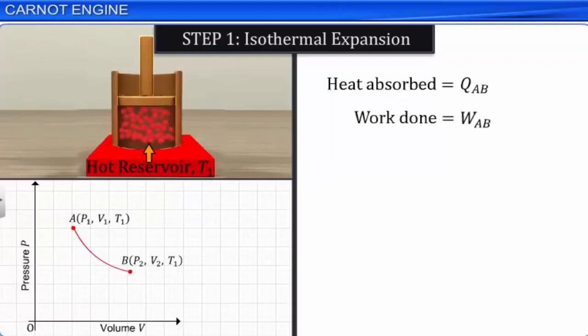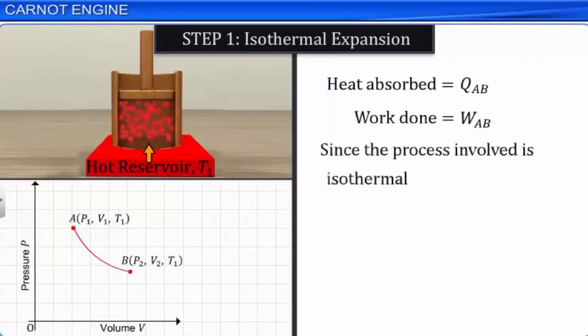Therefore, the heat absorbed by the system is equal to the work done by it. Therefore, for an isothermal process, the work done by the system WAB is equal to mu R T1 ln V2 by V1. Let this be equation 1.